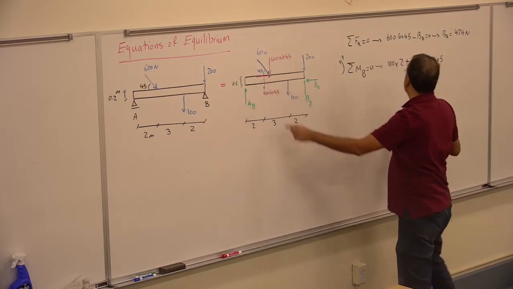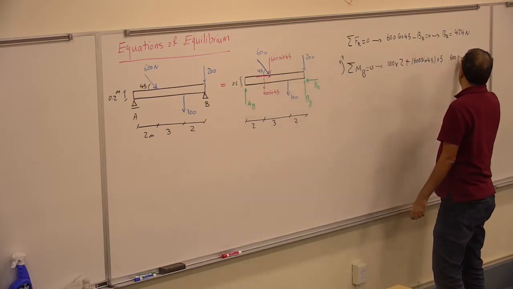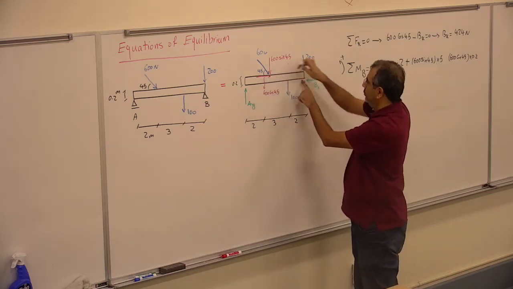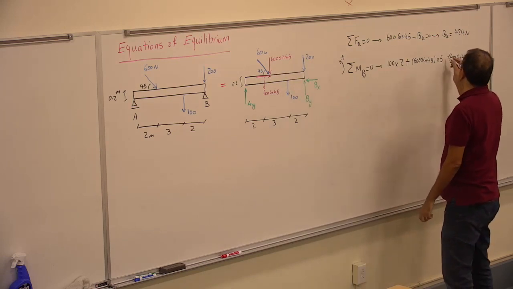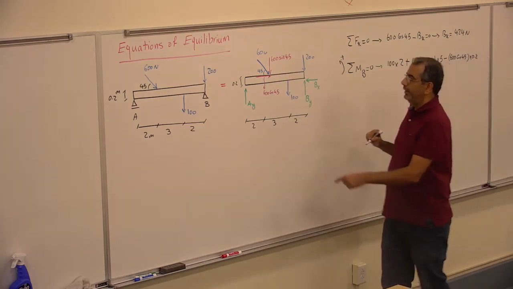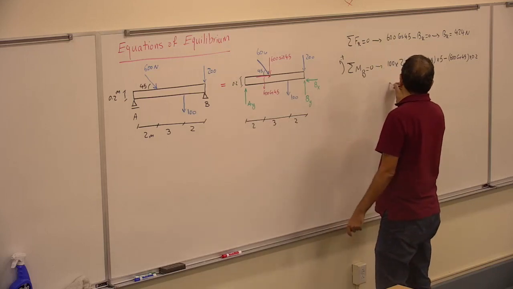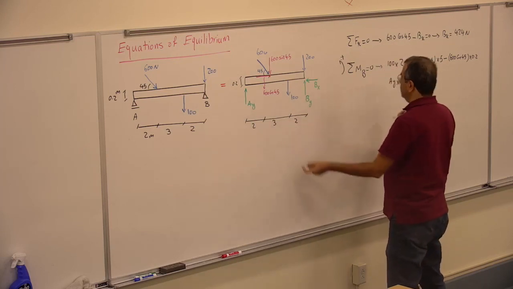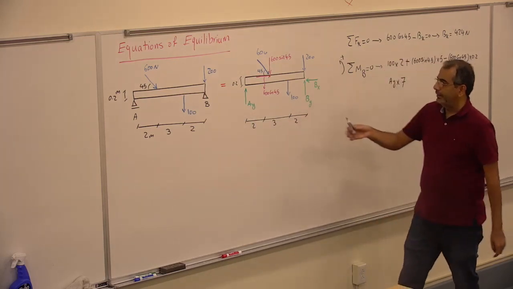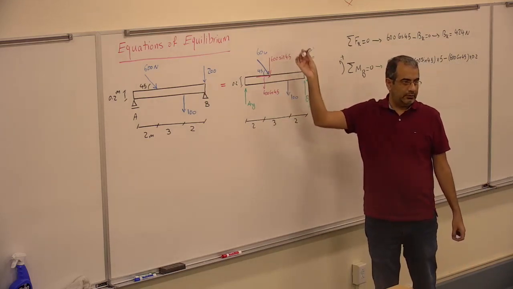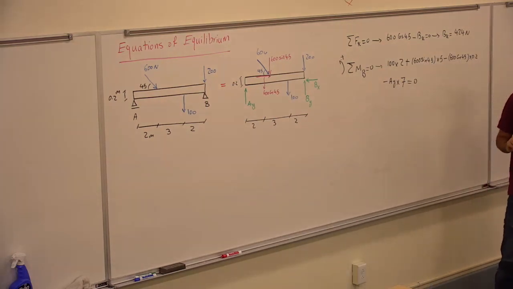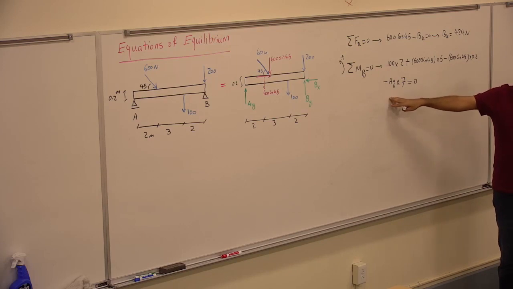This one is 600 cosine 45 times 0.2, clockwise, negative. And then I have the AY times 2.327, and again, the AY is going to be clockwise, so it's going to be negative, equals 0. So in that equation, only AY is unknown.